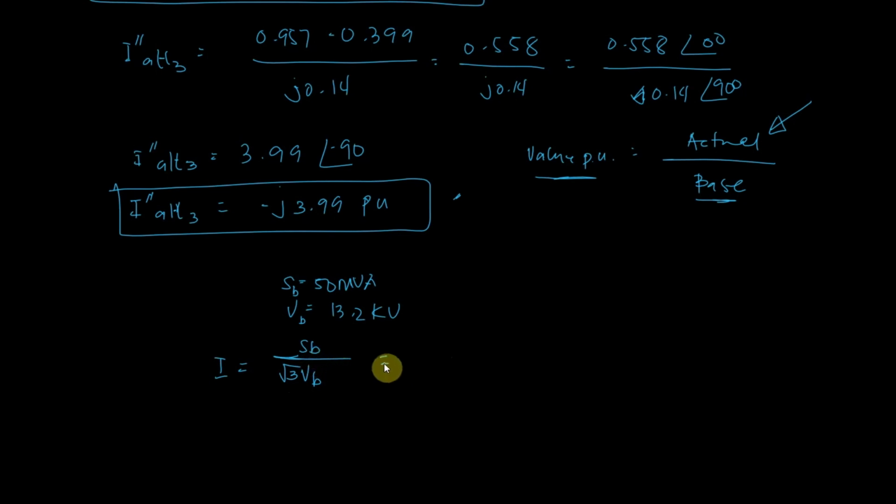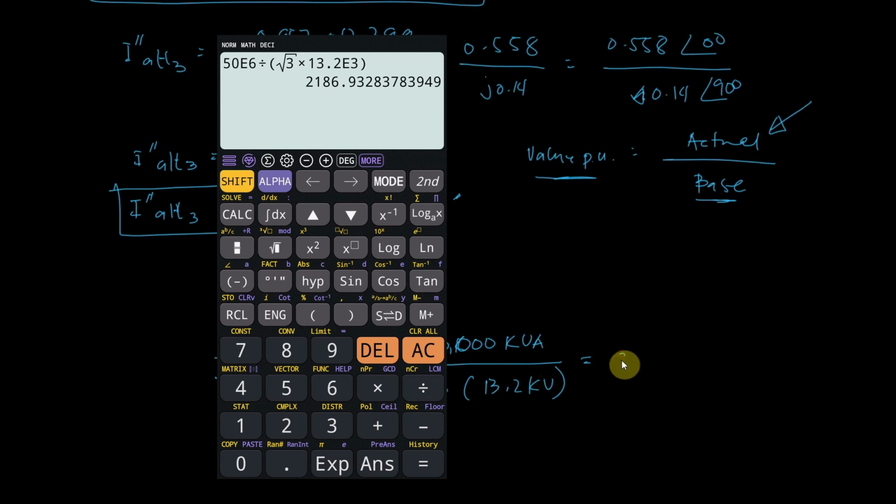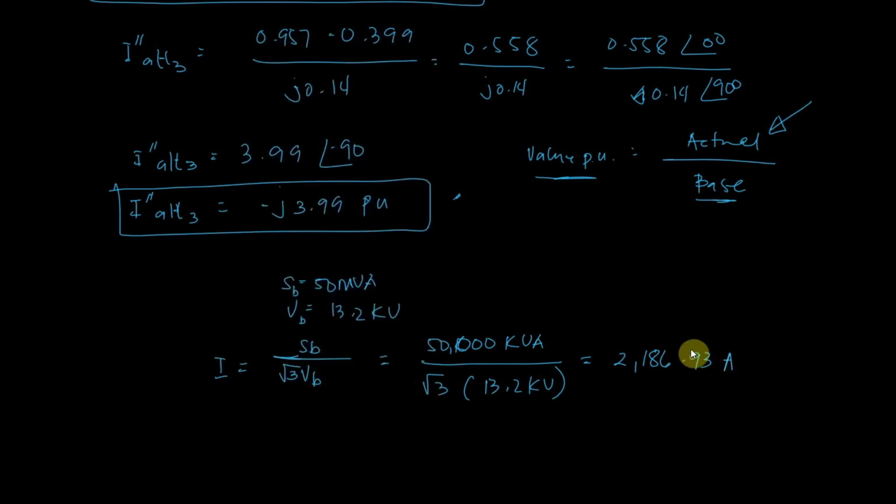So ating base power is 50,000 kVA, which is equal to 50 MVA divided by square root of 3 times 13.2 kV. So ang lalabas dyan is 2186.93 amperes. Yan yung ating base current. So substitute naman natin ito doon.